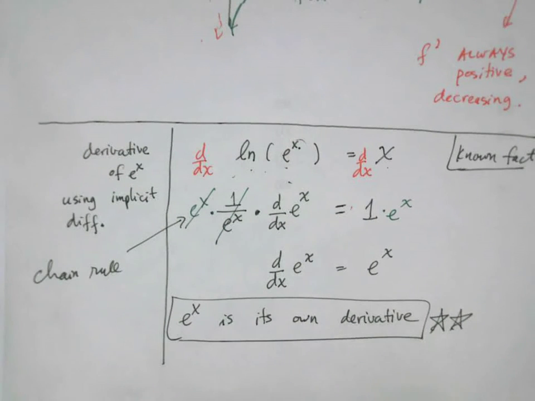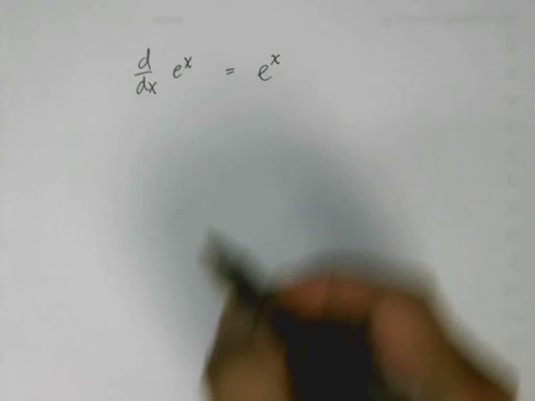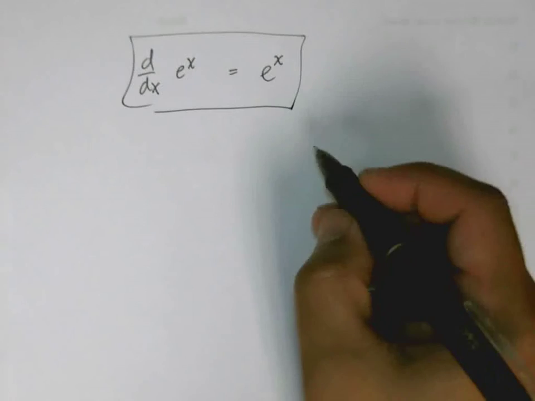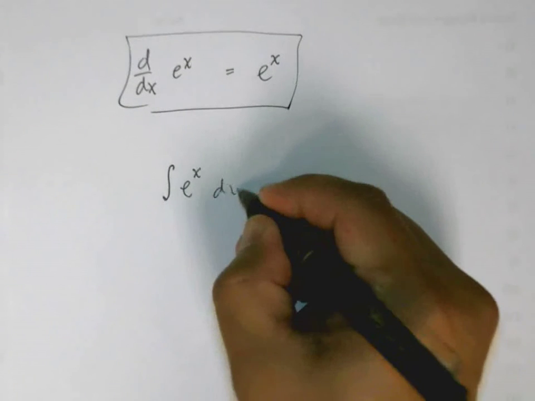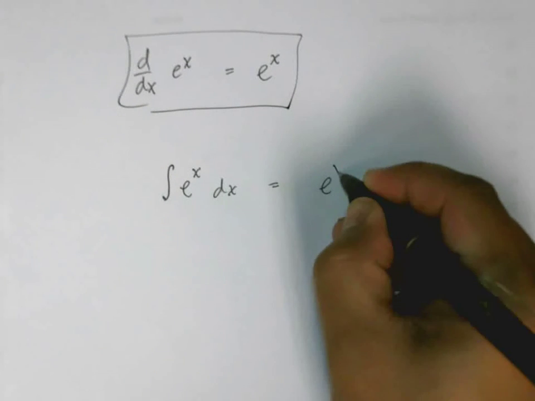Let's let it soak in for a minute, and then continue to play the video, and we'll see what some of the implications are. Knowing this fact, the antiderivative of e to the x dx is also equal to e to the x plus a constant.